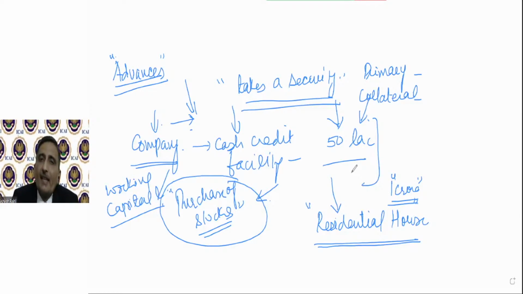The bank has sanctioned a cash credit limit of 50 lakhs to a company for meeting its working capital requirements, say for purchase of stocks against the security of stocks, and the bank has also kept the residential house of one of the directors of the company as a security. So which is the primary security and which is the collateral security in this? Tell me.